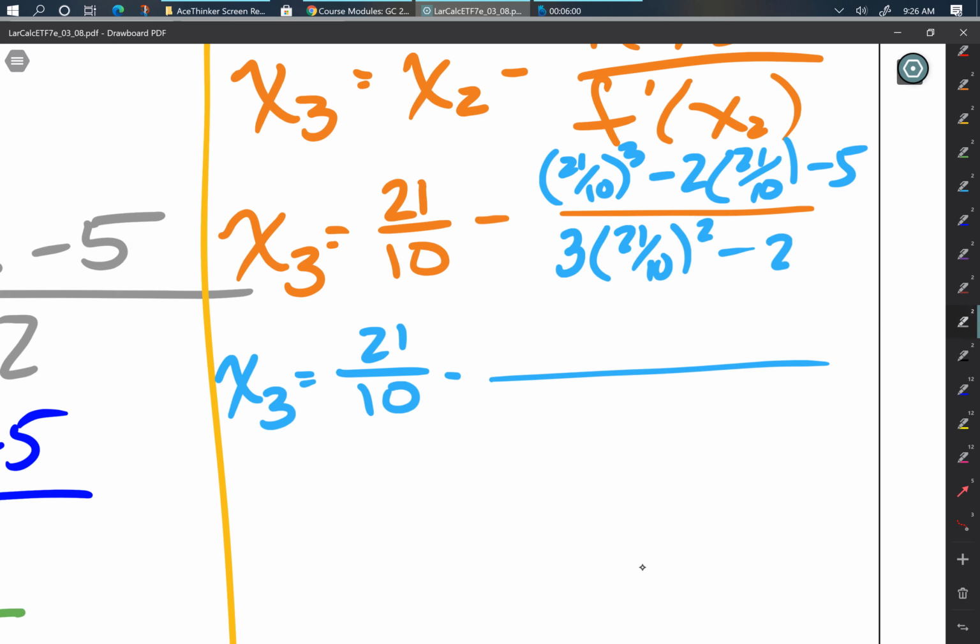I'm going to need a calculator for this. Let's see. 21 cubed is 9261. So 9261 over 10 cubed is 1,000.